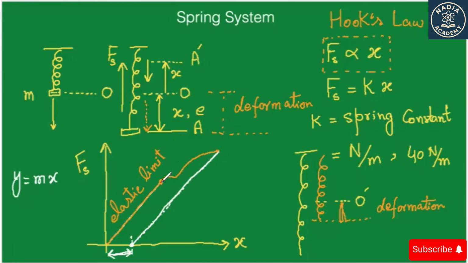So this means that when the system crosses this linearity and enters into non-linearity, the system will get permanent deformations, and that region we call the plastic limits. Now your system is in plastic deformation, or you can say it is in plastic limits. Now, here you can also define these two regions in terms of the deformations, that our first, this region.